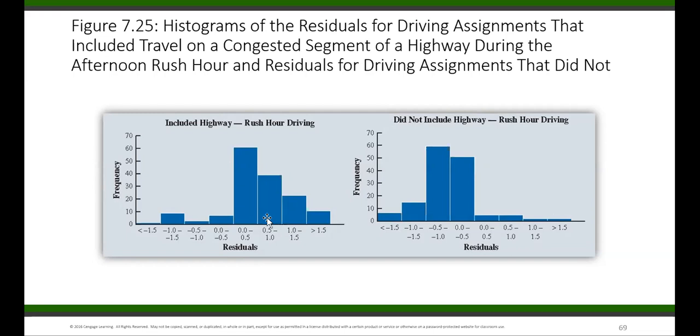So if you just include both of them and come up with one overall regression that does not take into consideration the rush hour driving, for those travels that include taking the highway during the rush hour, the model is underestimating the time, and it overestimates the time for the assignments that did not include the highway during the rush hour.